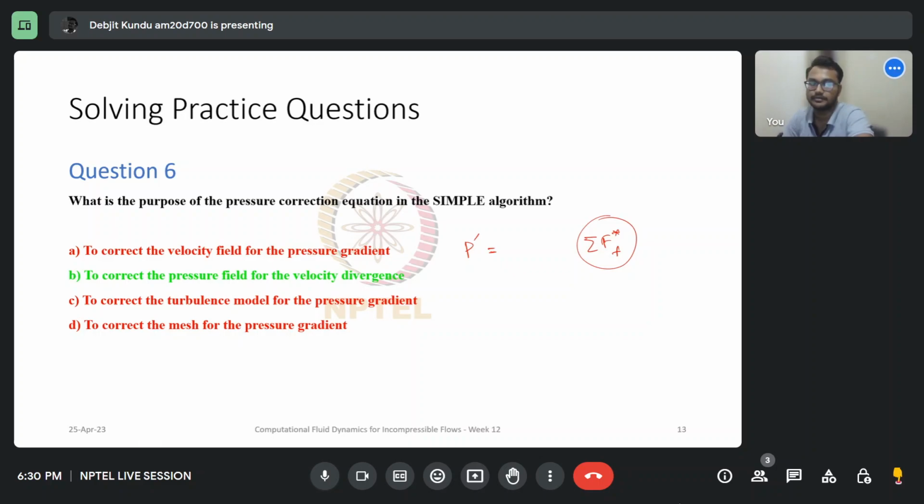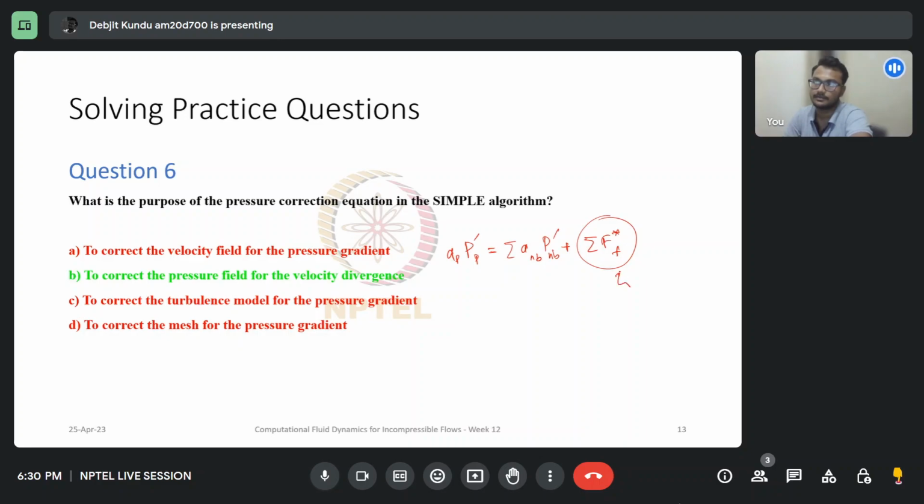So the pressure correction equation looks something like this. AP PP prime is the summation of ANB PNB prime plus the source term, which is the divergence of velocity.